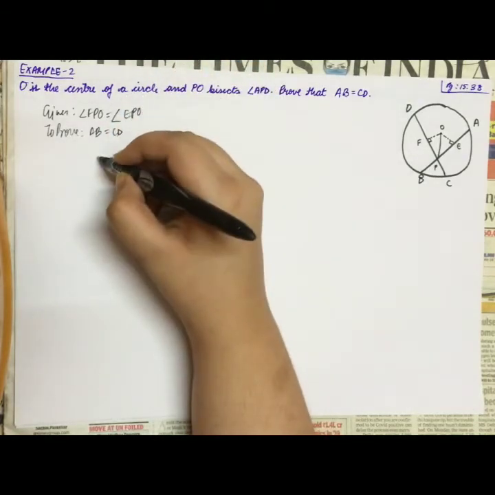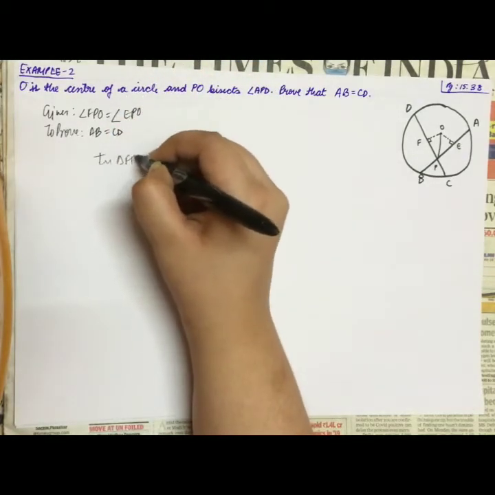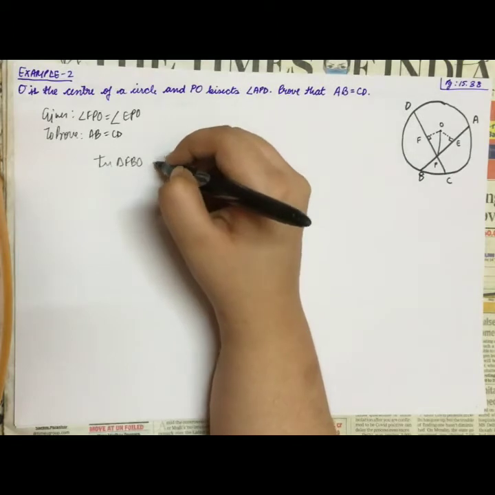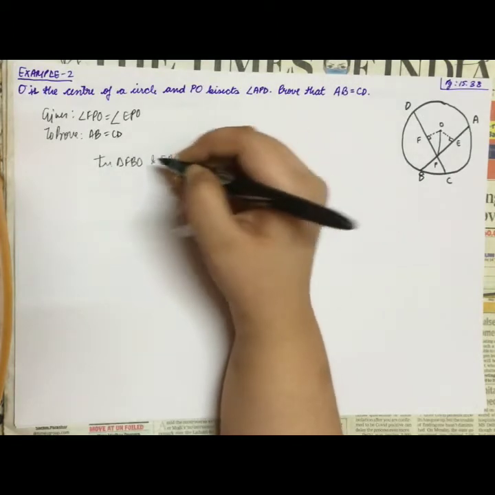Now we will start with in triangle FPO and triangle EPO.